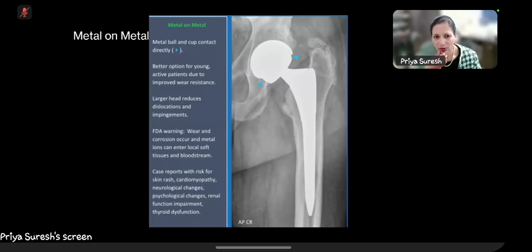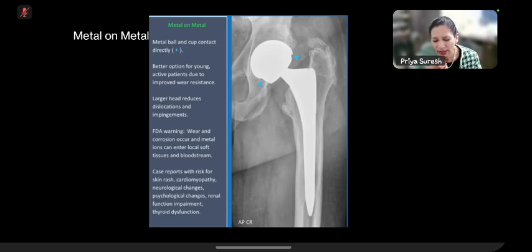So, and we said metal on metal. So metal ball, cup, it's directly in contact. And the larger head reduces the dislocation and impingement. But the wear and corrosion occur when metal on metal, the direct contact occurs. Okay, and this is the one that we had an MHRA notice, I think it was 2012 or something like that.